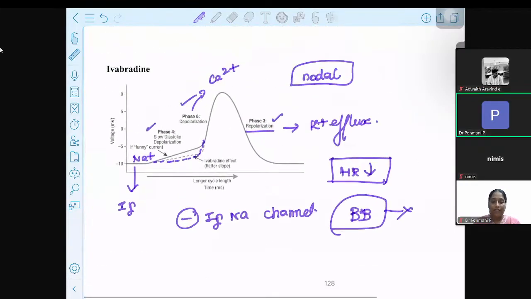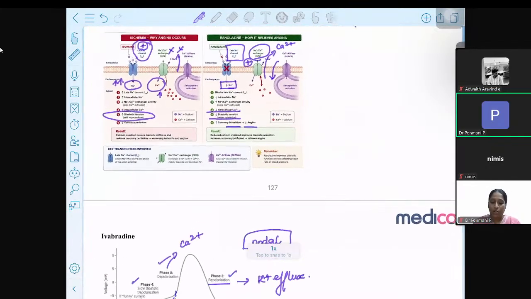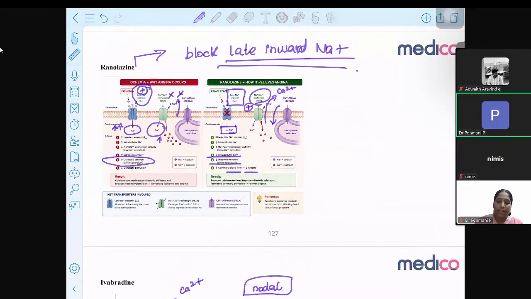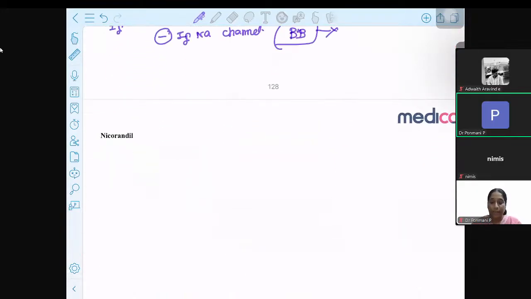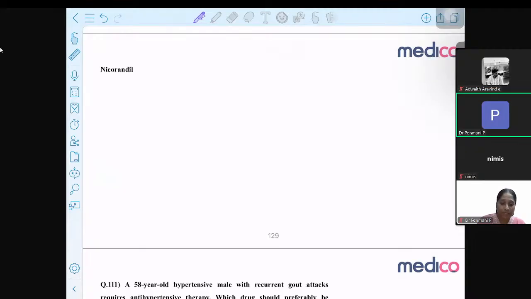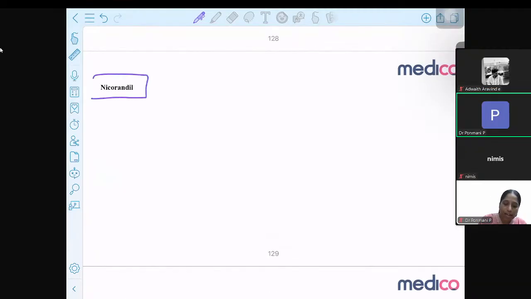So far we have seen 3 drugs which are used in angina, and please note, late inward sodium channel blocking is ranolazine. Funny current sodium channel blocking is ivabradine. Note the difference. And there was one more option which was given, which is nicorandil. What is nicorandil? Nicorandil is a potassium channel opener.